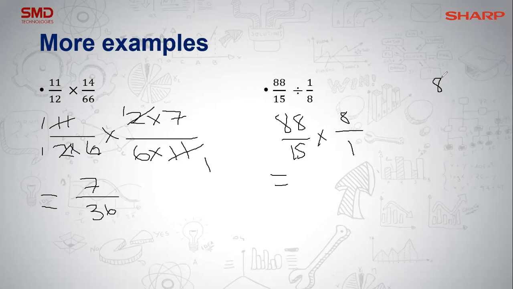So we can do it very quickly. 88 times 8. 8 times 8 is 64. 8 times 8 is 64, plus 6 is 70. So we have 704 over 15 times 1 is 15. Okay.